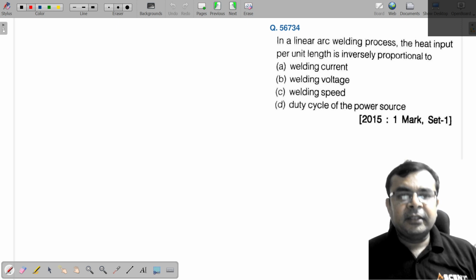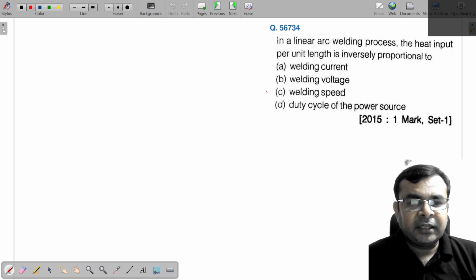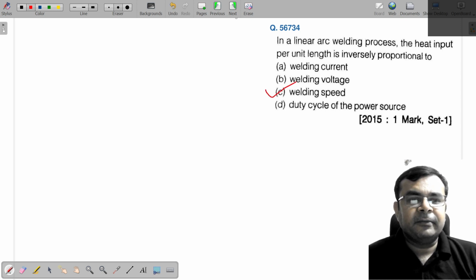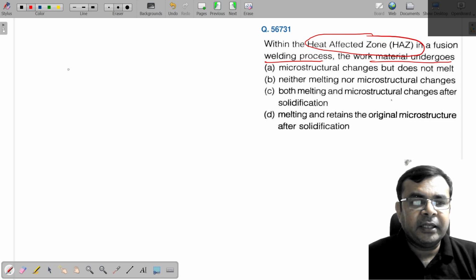In a linear arc welding process, the heat input per unit length is inversely proportional to what? The correct answer is welding speed. Within the heat affected zone in a fusion welding process, the work material undergoes microstructural change but does not melt. Yes, in the heat affected zone there is no melting.